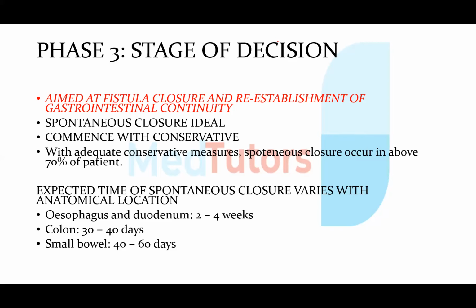One, by giving adequate IV fluid, correction of electrolyte derangement, correction of anemia, and control of sepsis. This is very, very important in non-operative measures. You have to control sepsis. You have to correct nutritional derangement, malnutrition. Nutritional correction is usually done by parenteral nutrition, especially in a high output enterocutaneous fistula.